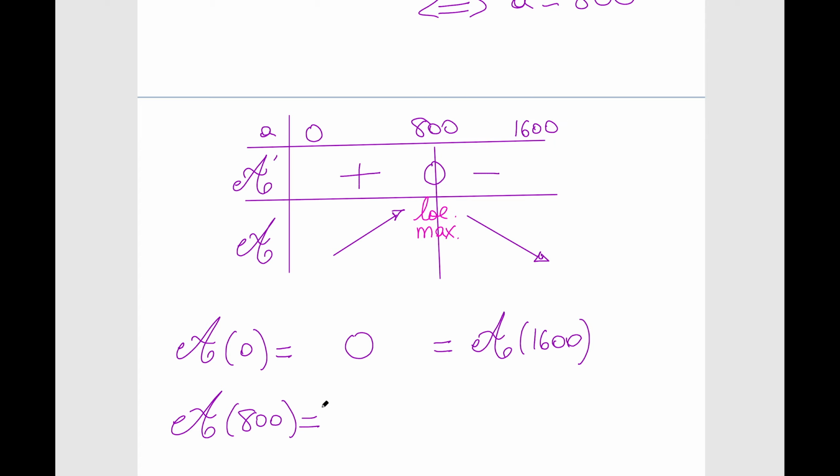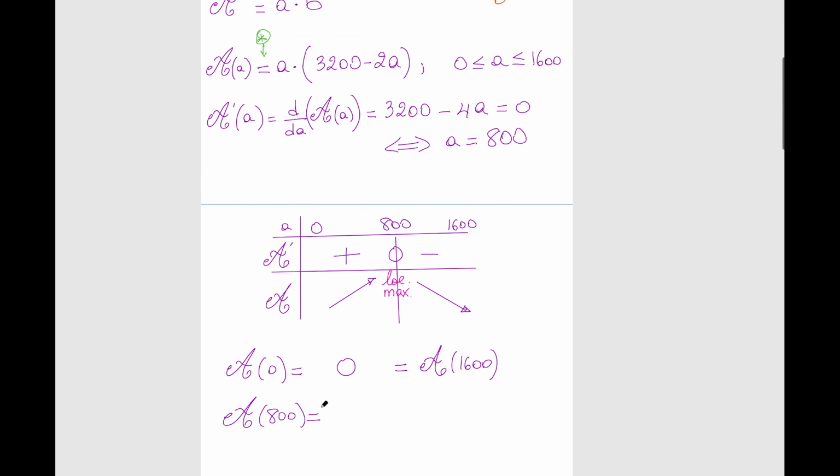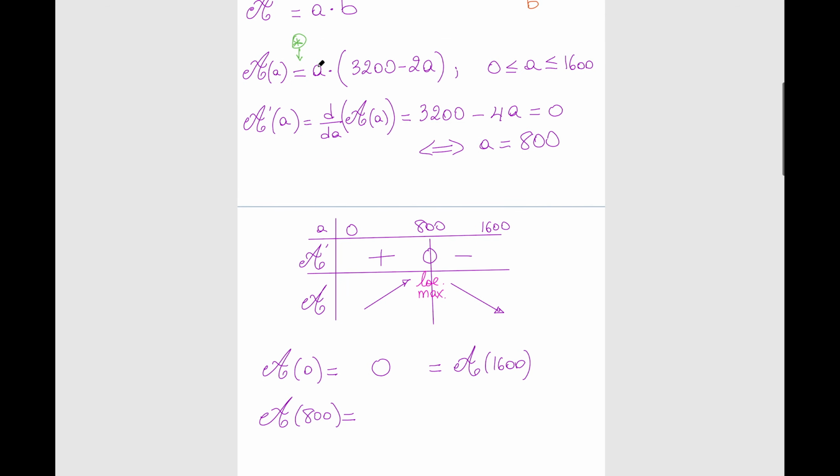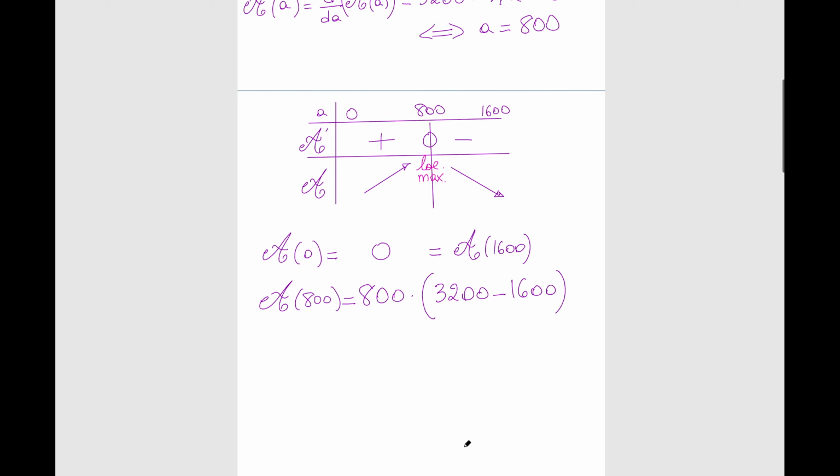And what's that value? A of 800. Well, so we're going to replace little a by 800. So I'm going to get 800 times 3200 minus 2 times little a. So 2 times 800 is 1600. Am I correct? Okay.